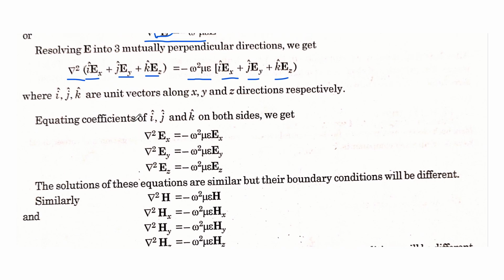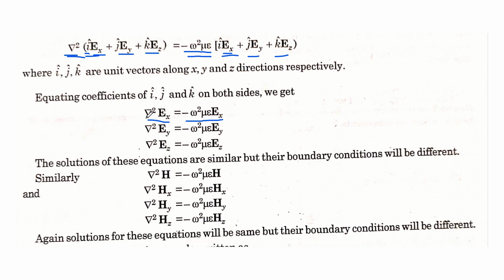Then my electric field vectors in the respective direction will be like this, that is del square Ex is equal to minus omega square mu epsilon Ex. Here observe, first I equate the i bar coefficients. Here in left hand side the i bar coefficients are del square into Ex bar, and in the right side the i bar coefficients are minus omega square mu epsilon Ex bar.